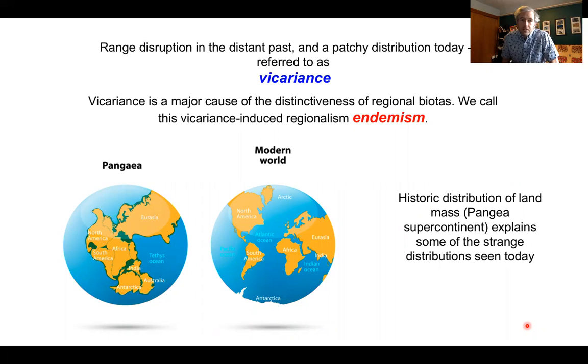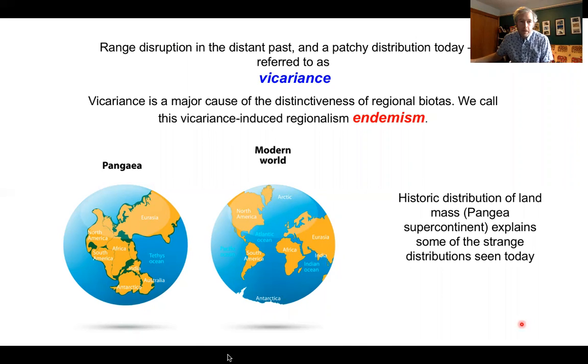And vicariance is a major cause of the distinctiveness of regional biotas. By the word biota, we mean groups of animals and plants. So we can talk about the distinctive biota of Australia, or we can talk about distinctive biota of North America. So we call this vicariance-induced regionalism endemism.